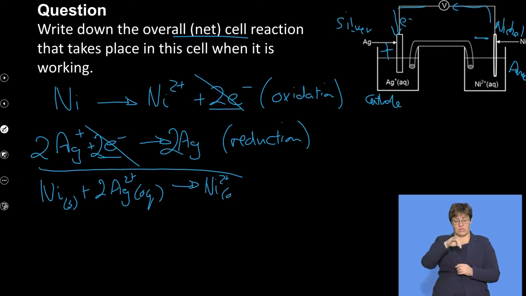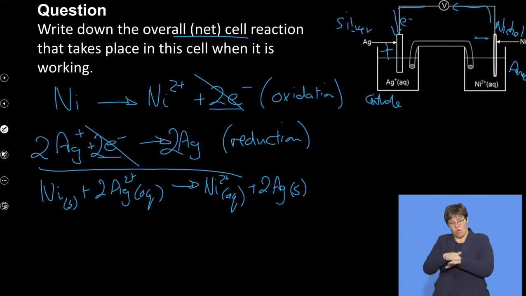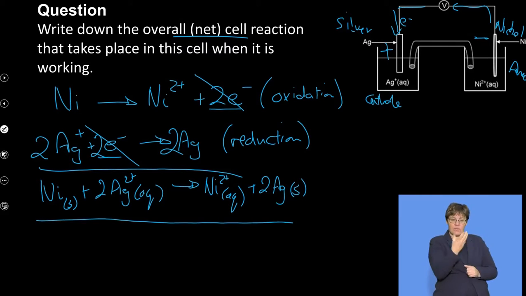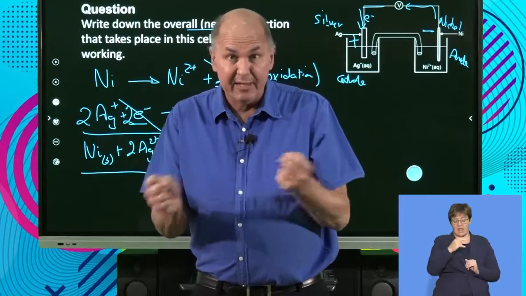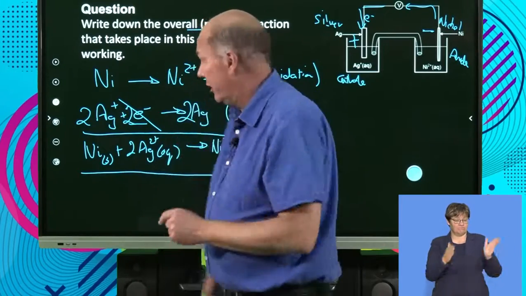And I'm going to put in the phase indicators here, plus 2 silver metal, which are solid. That's going to be deposited onto the electrode. And so there we have the net reaction. And we've been able to use that to identify what's the anode and the cathode as well. So let's go and have a look at the next question.